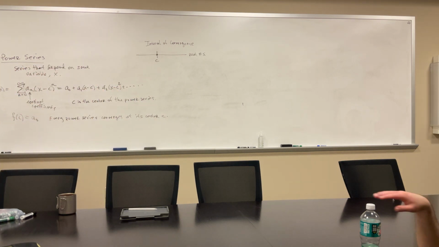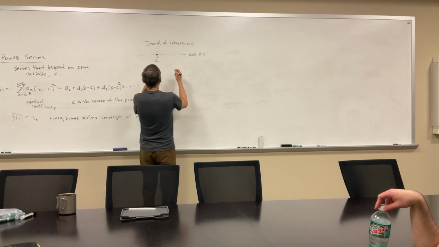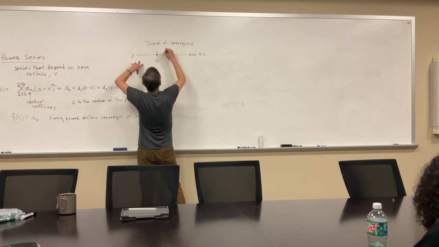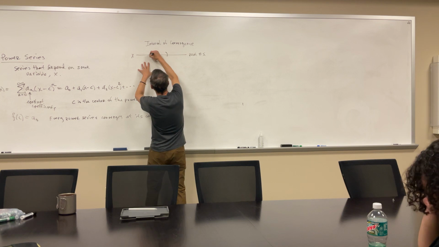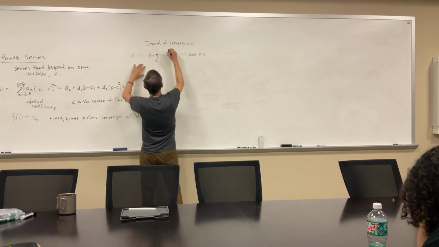And what we're going to do is figure out how far away from c I can move and have those values be x values. How far away can I move and still have the series converge at all these values inside here?